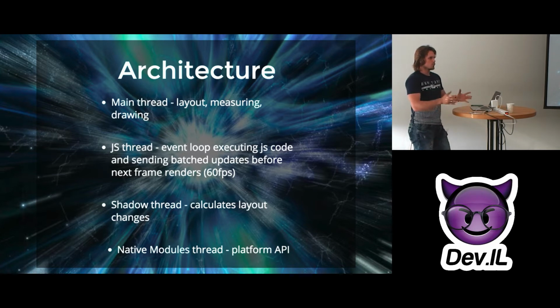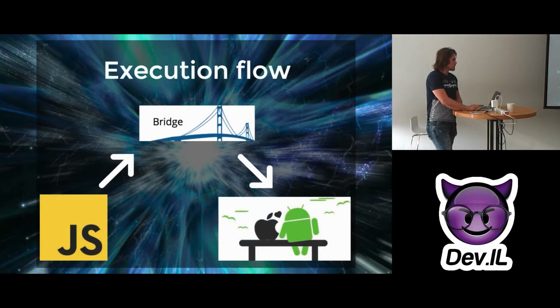So basically, we have multi-threading here, as opposed to the one thread in a hybrid app. If we draw a diagram of how the architecture looks, we have the JavaScript event loop, a bridge, our shadow thread, and our Android or iOS native code main thread that executes all the drawing and updates.